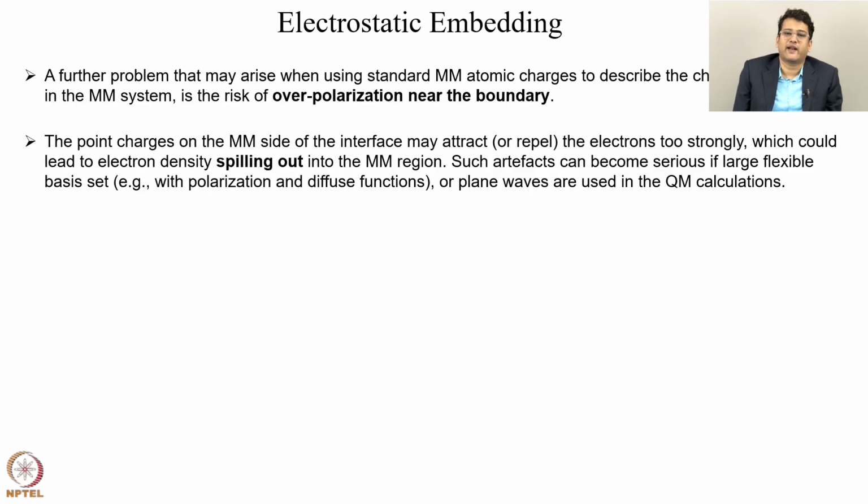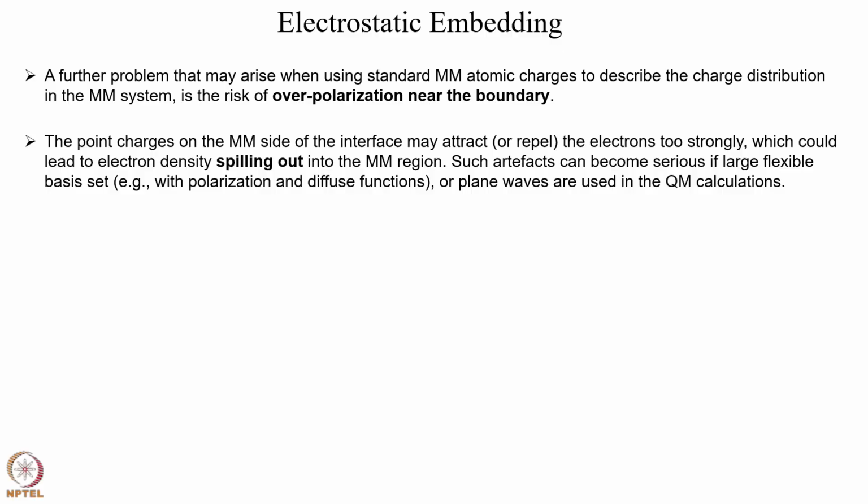The second thing is that the point charges, remember, are classical point charges. So, they may attract or repel the electrons too strongly. One is quantum mechanical, one is classical, so that is a problem. And this can be a particular problem when the electron density is spilling out into the MM region. What can happen is that some of the wave function has a long tail which goes inside the MM region.